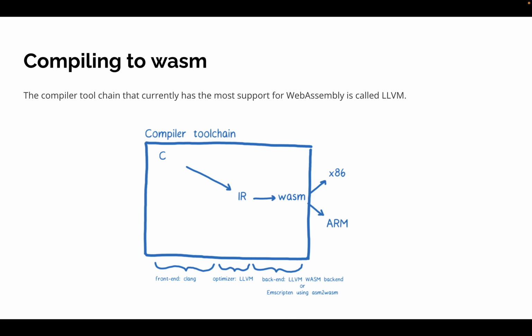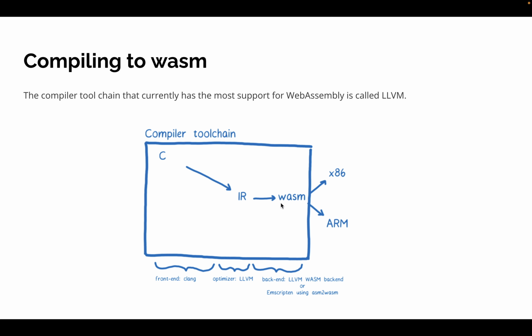The compiler takes in the code we just wrote in C and makes it into an intermediate representation. This IR means intermediate representation. And that intermediate representation is then converted into a wasm file. And that wasm file, we can download and put in the user's browsers.